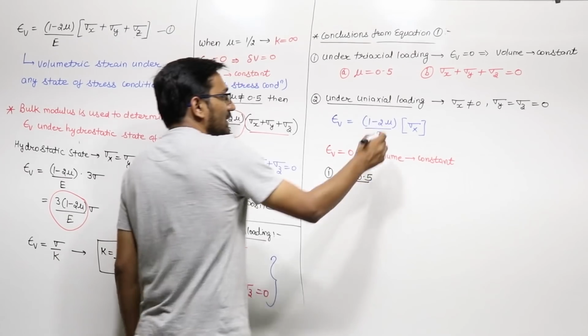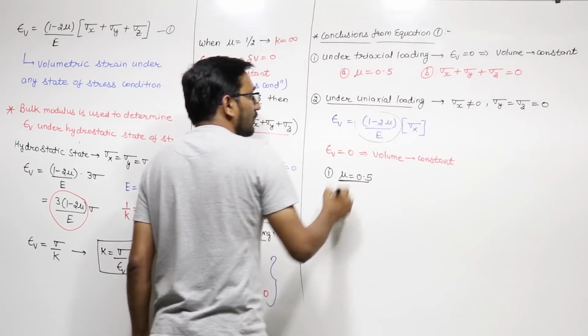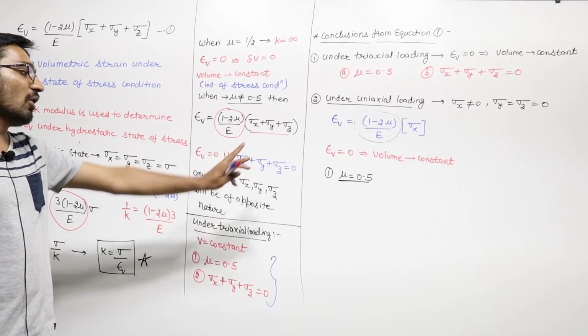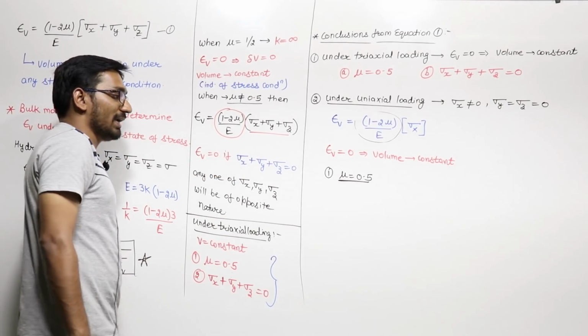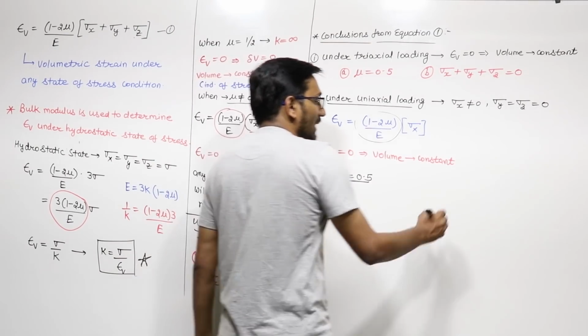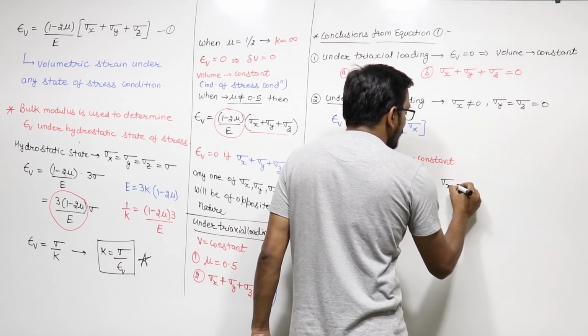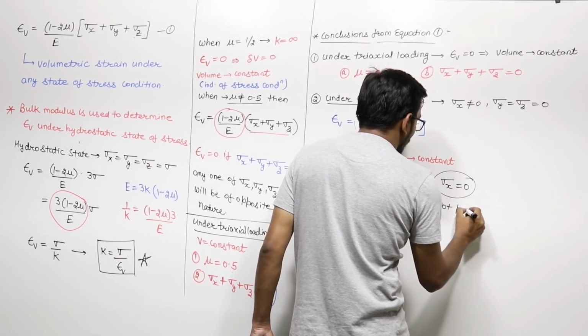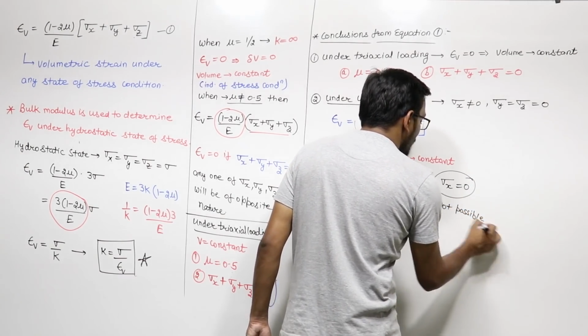You have to make this 0. This 1 minus 2 mu must be 0, so the value of mu will be equal to 0.5. The second option, that is sigma x to be 0, is not possible in this case.